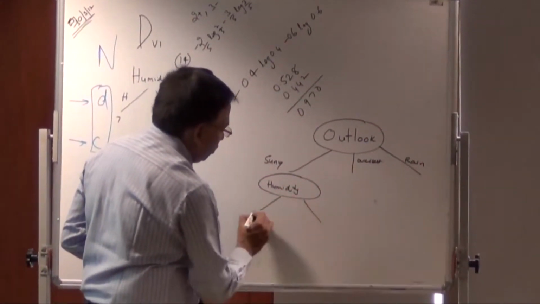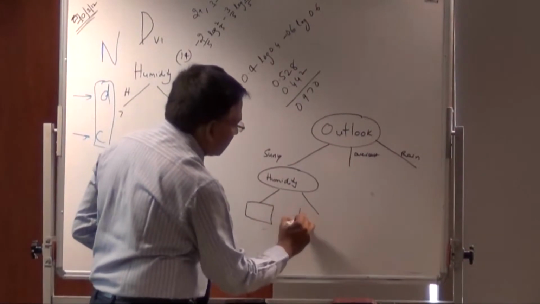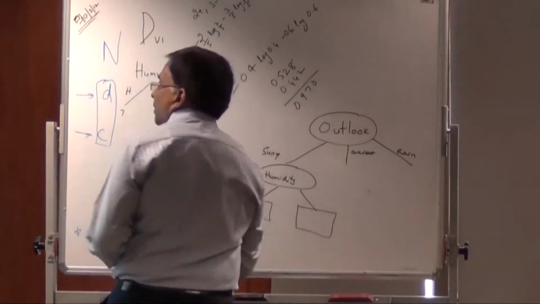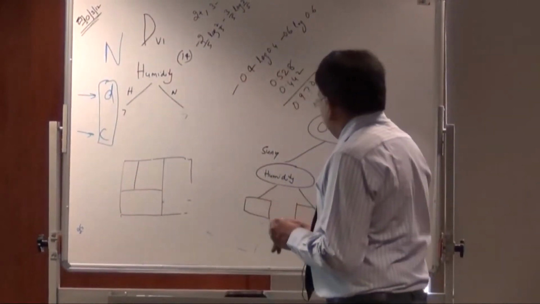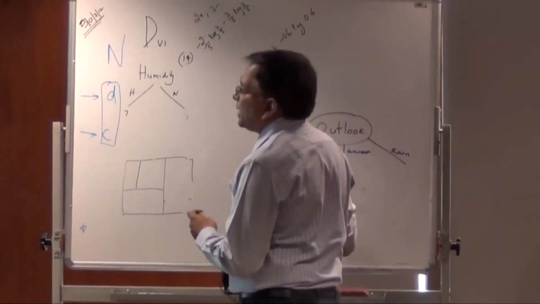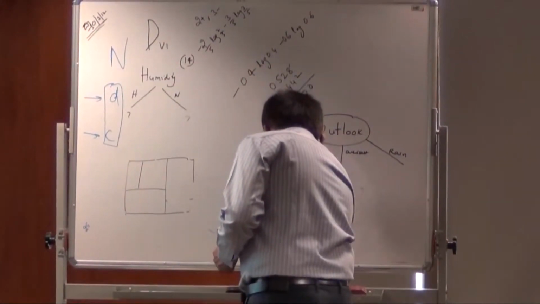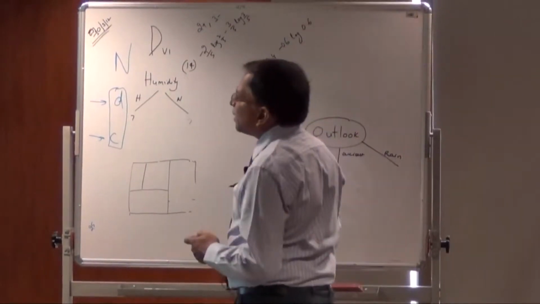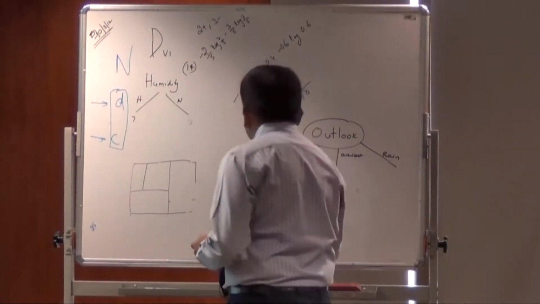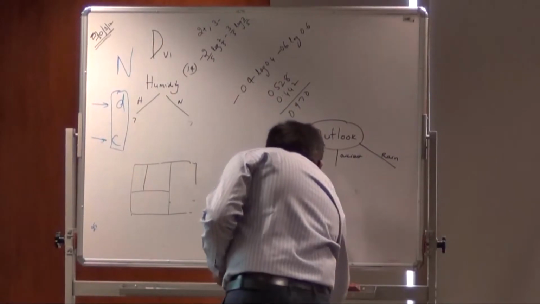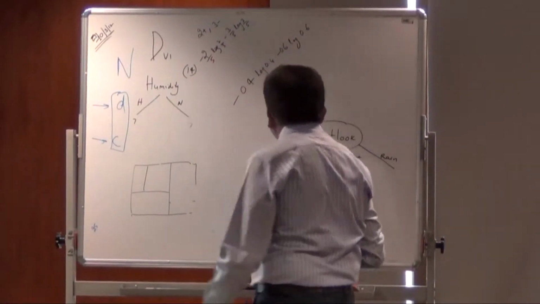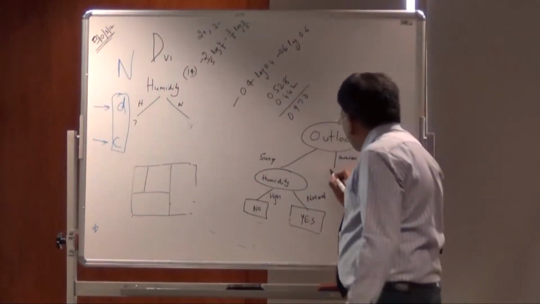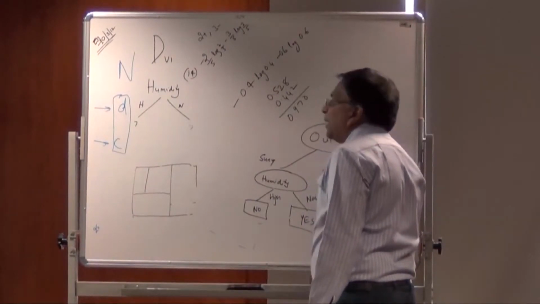This led to 2 pure leaves, correct? When humidity is high and normal, if humidity is high, this is no, and this is yes. And when it was overcast, it is yes.